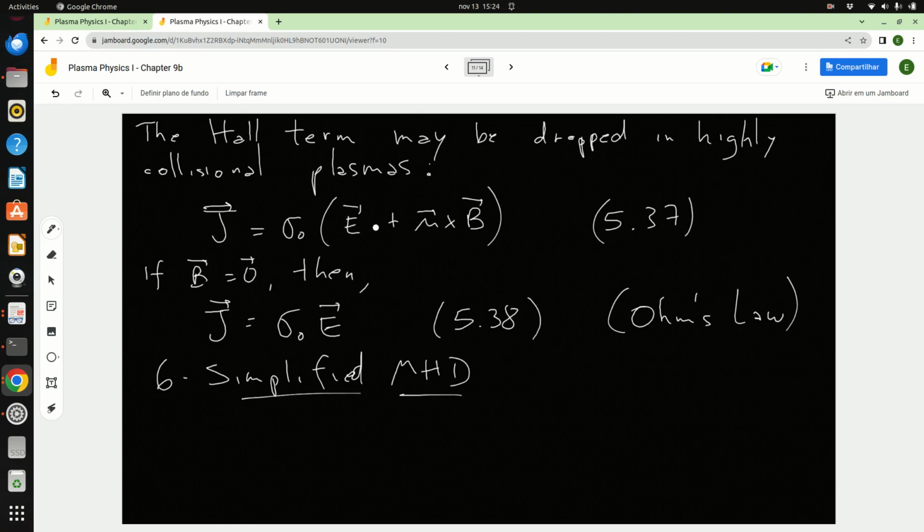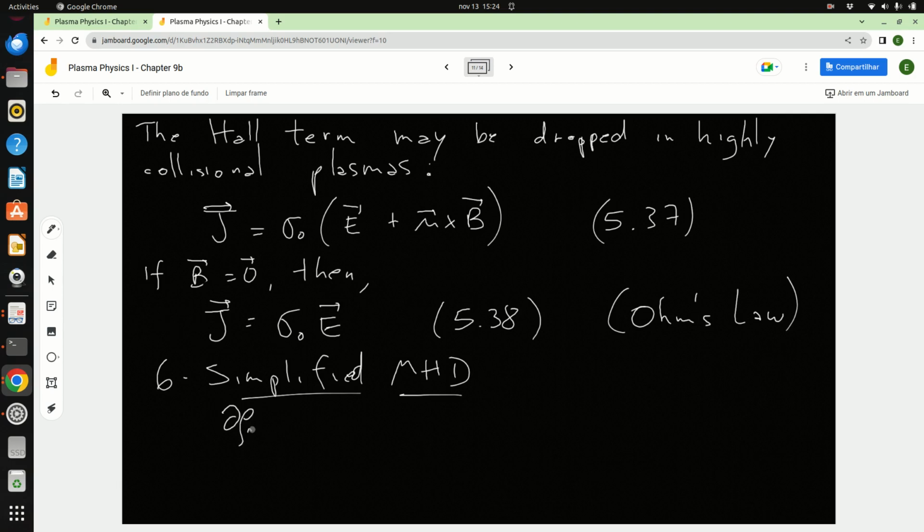And also we do not consider viscosity and thermal conductivity. So we don't need the heat flux vector, and we don't need the pressure dyad. The pressure dyad becomes a scalar pressure if you drop viscosity and heat conductivity. So doing this, we have the following set of simplified equations.